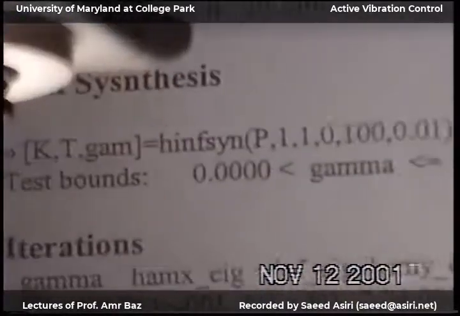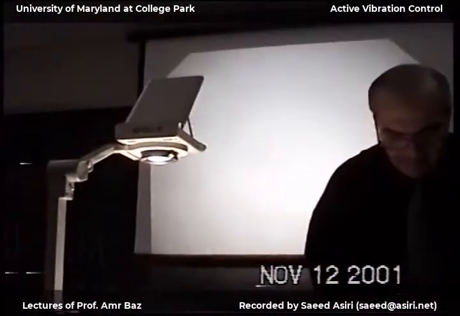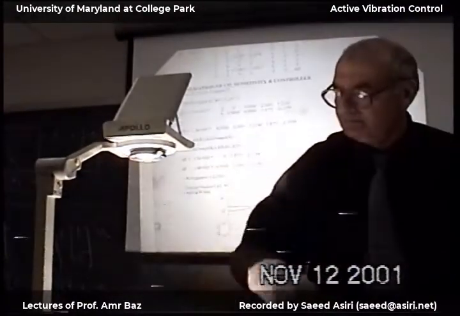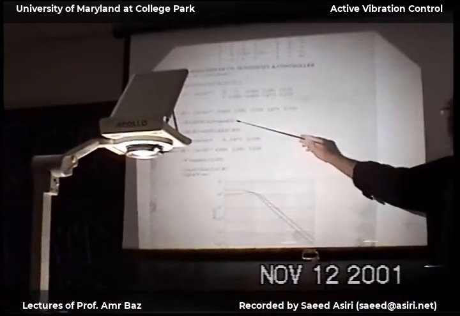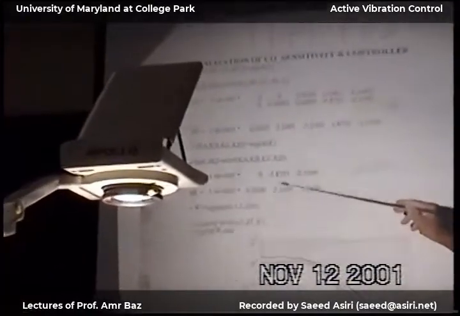Now if you look at the controller, I unpack it, and then put it in numerator and denominator, so it looks like this.